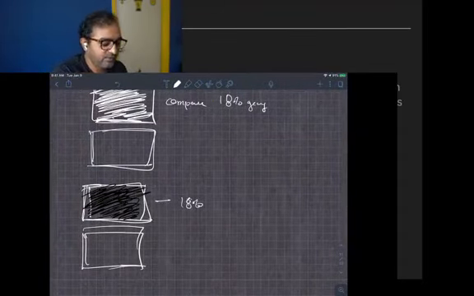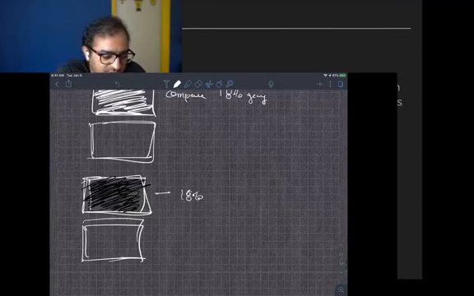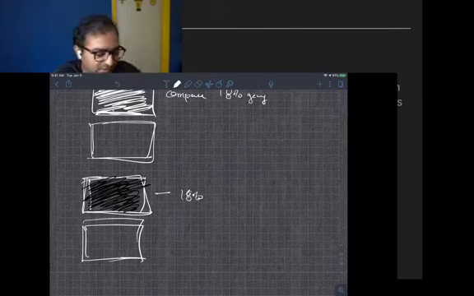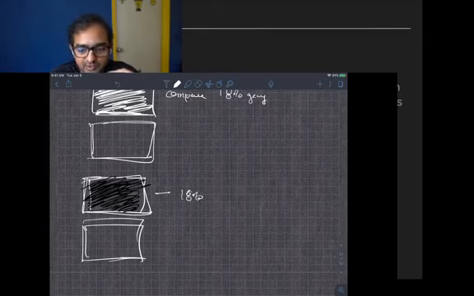Now from this, you obviously know that it may or may not be right. Most things which you end up facing in real life are actually somewhat near this 18% gray value, so it doesn't make too much of a difference. But sometimes you'll run into objects which are actually dark or bright, and then the camera's light meter readings are not correct for those situations.